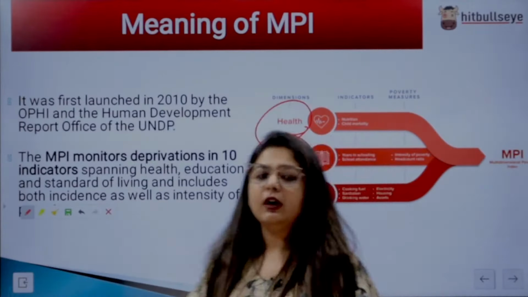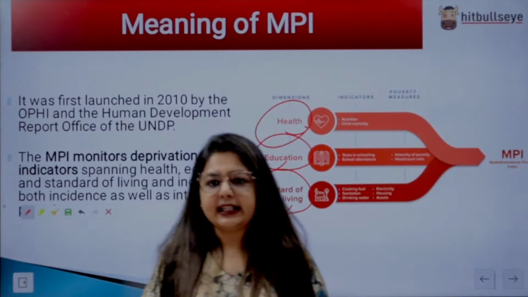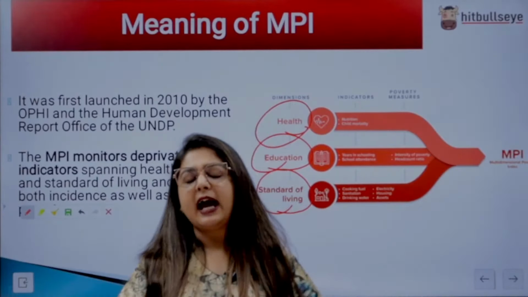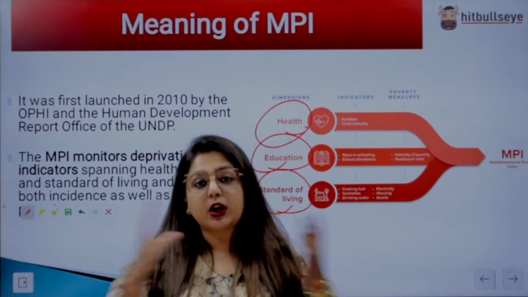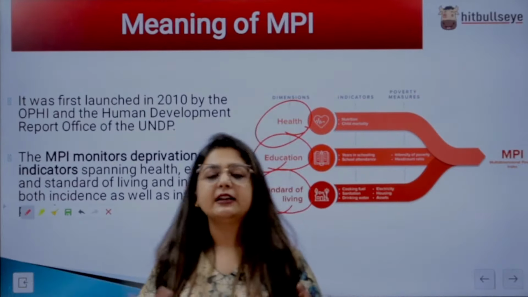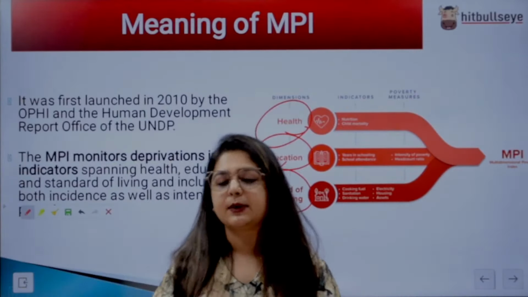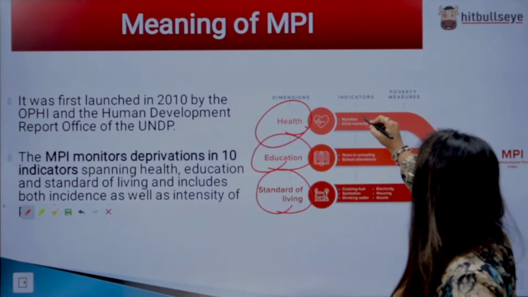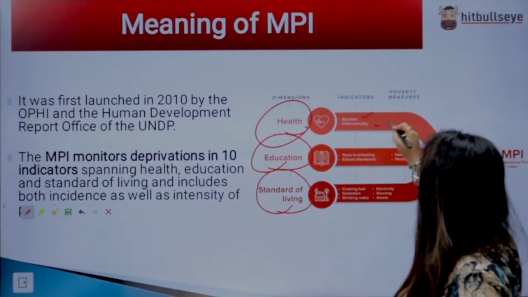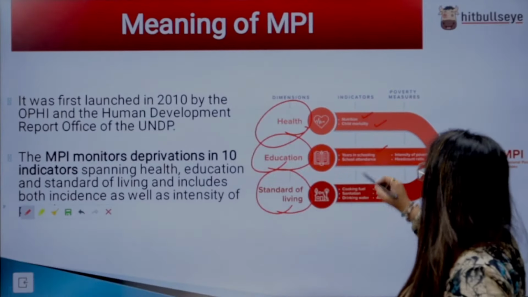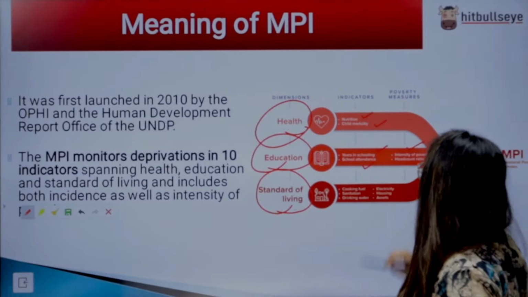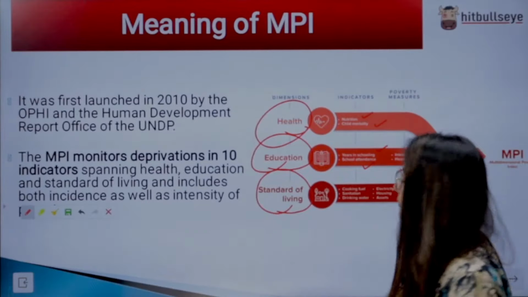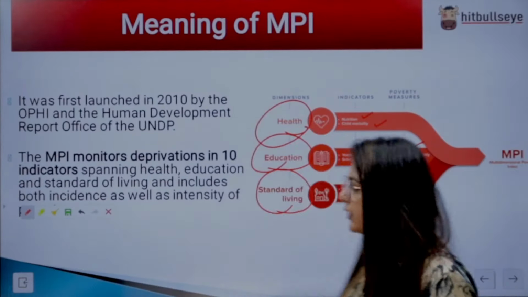So there are three key areas which are taken into account, and 10 indicators broadly will be considered while compiling this report. Speaking of the indicators individually, the first one is nutrition, second child mortality, then years in schooling, school attendance, and intensity of poverty. Fourth, we have head count ratio.